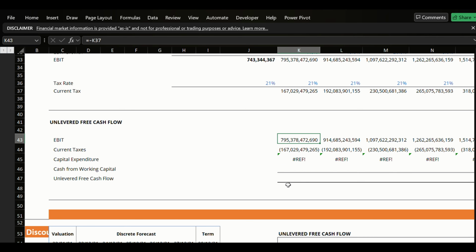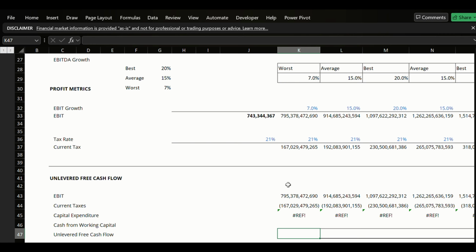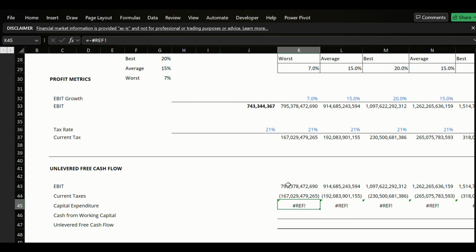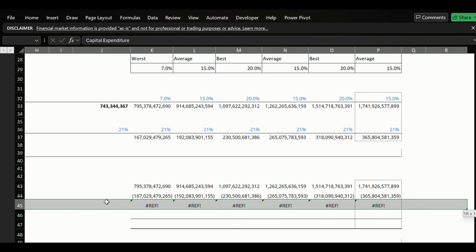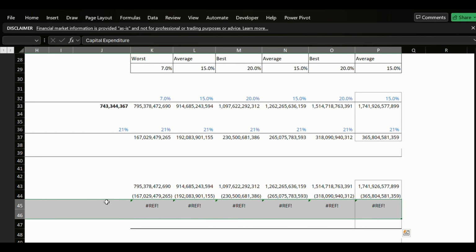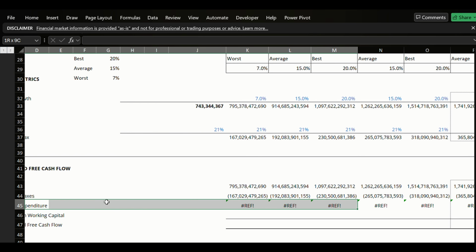Capital expenditures for these years. I haven't actually thought of modeling them, so just for the sake of time, I think I'll leave this blank. Very not okay, not ideal, but it's what I've chosen to do at the moment. Okay, let me just leave them there as placeholders.